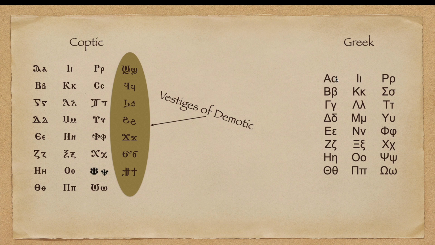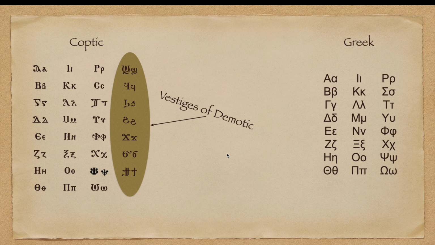So here you can see there are 24 letters in each one, not including the 7 Demotic letters. But yeah, you can see the similarities definitely.